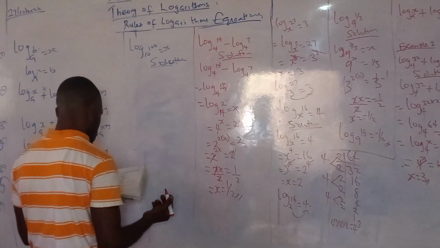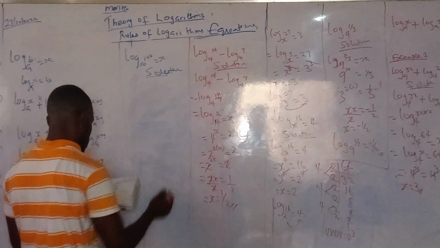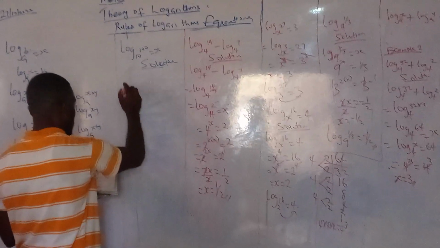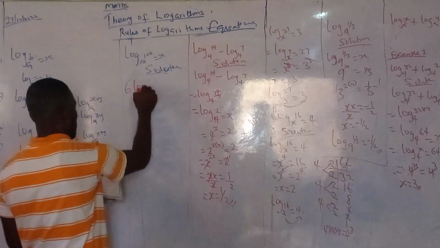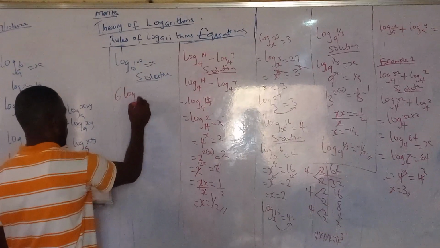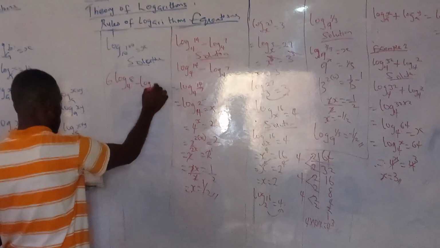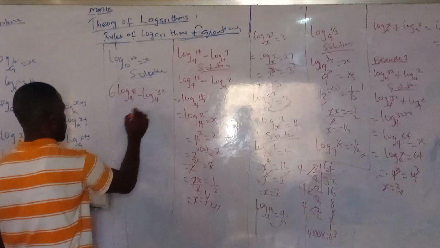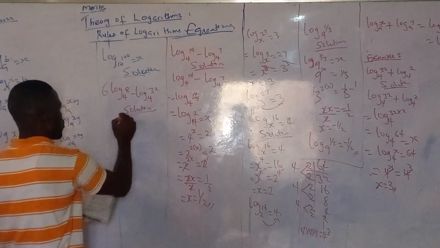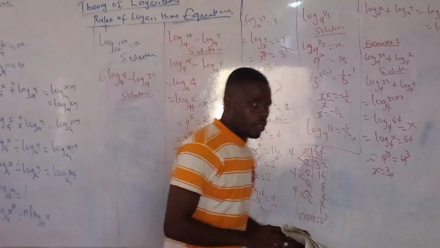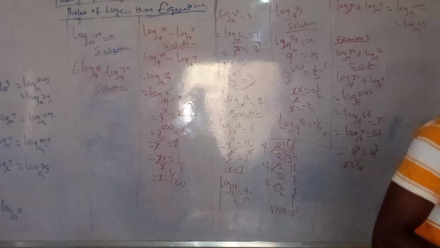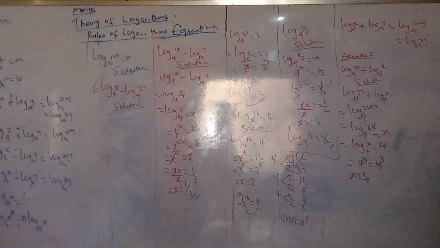You can solve this on your own. Try it on your own. When you have 6 log 4 to the power of 8 minus log 4 to the power of 32. So try this on your own, and for me to do correction in that.